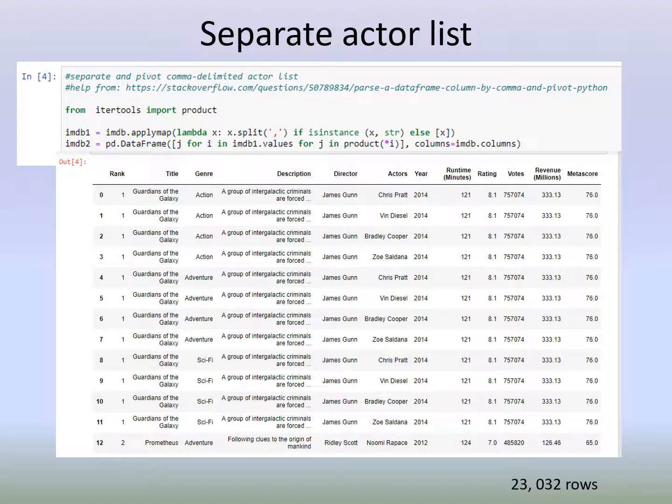Before, we had 1,000 rows, now we have 23,000 rows. We can see each row only has one actor, but we have a lot of duplicate titles in that column.